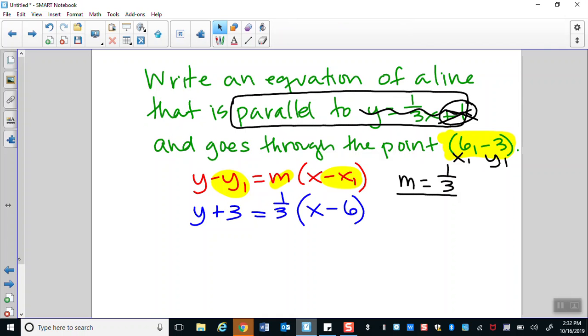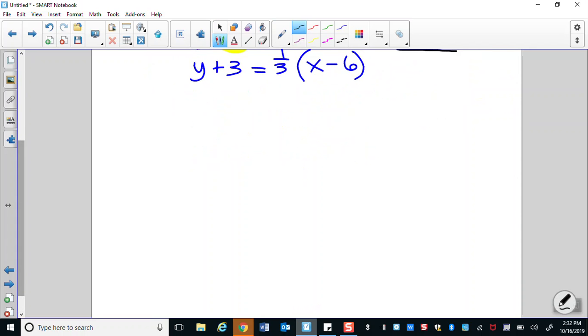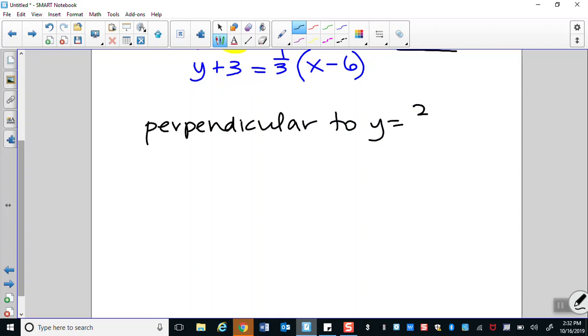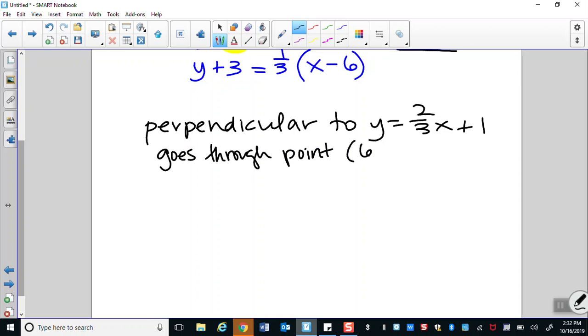So let's do one more like that. Same directions, but instead of writing them all out again, I'm just going to give you the information. So we're going to say perpendicular to y equals 2/3 x plus 1 and goes through the point, let's do one that's not the same as before, -5, 2.